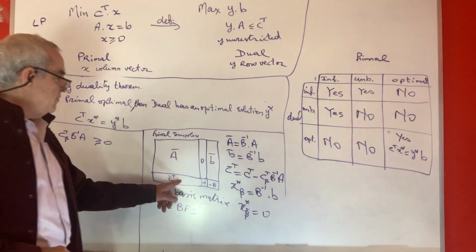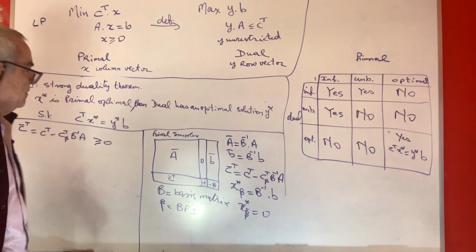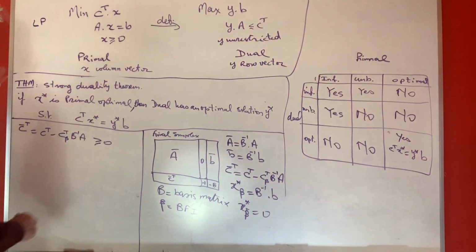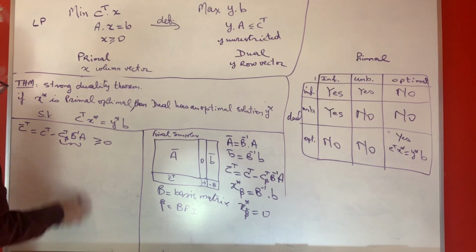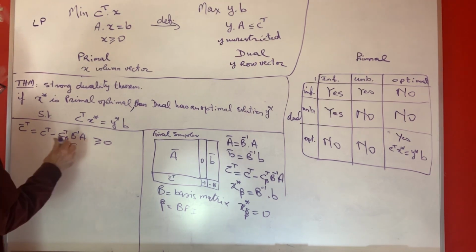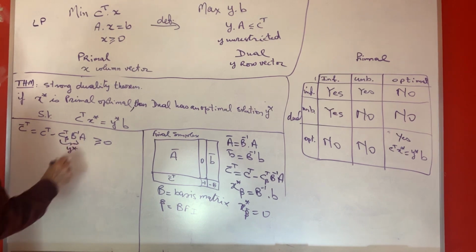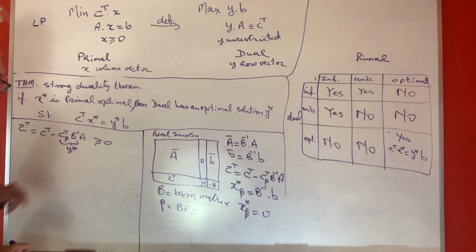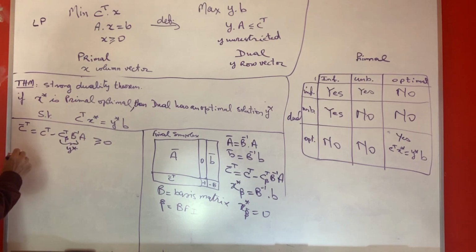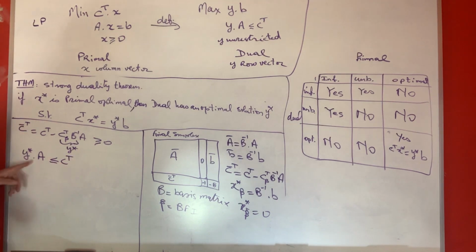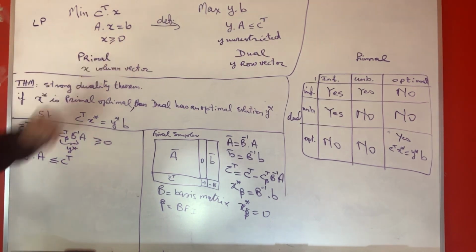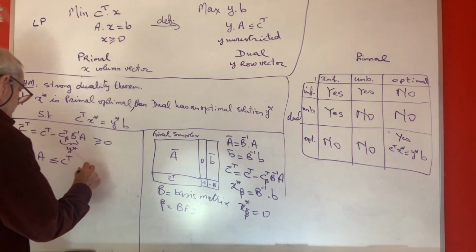If we had a negative number here, we would have pivoted on that one. So this is greater or equal to 0. So if I let this, and I called it Y star, so it's a row vector, then what do I have? Well, I have Y star times A less or equal to C transpose. Right? So Y star is feasible.